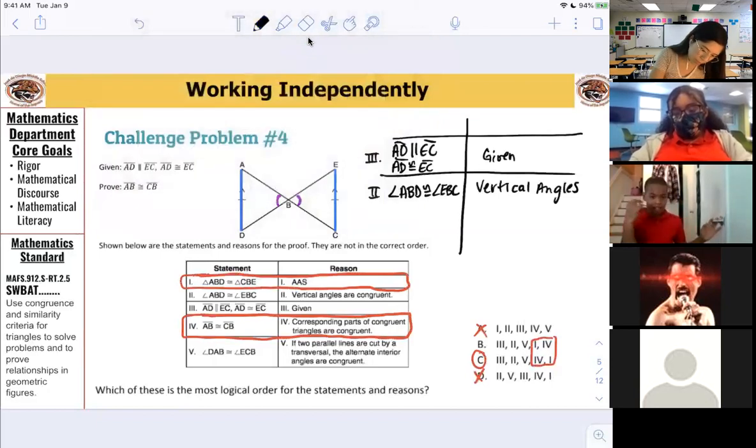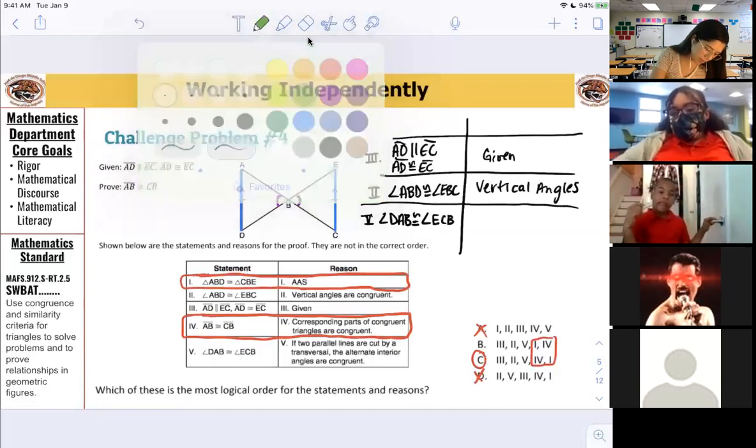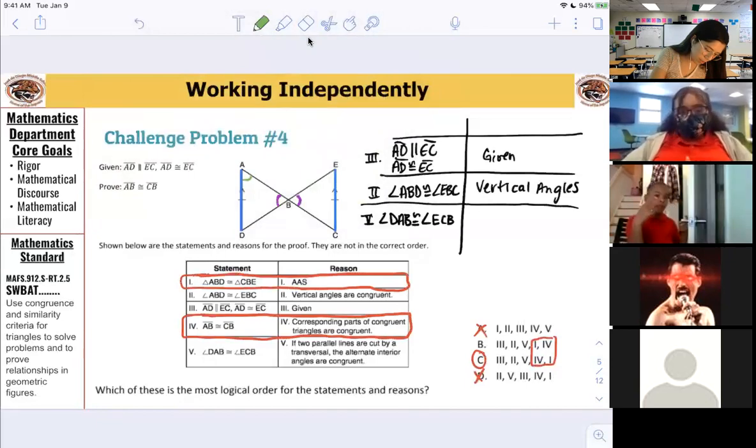Okay, next up would be number 5. Number 5 says DAB is congruent to ECB. And that one would be this one right here, and ECB is this one down here. Okay, and that's based on alternate interior angles.